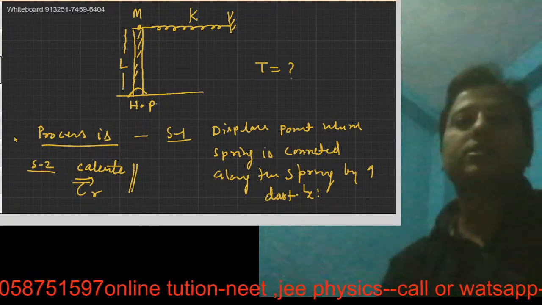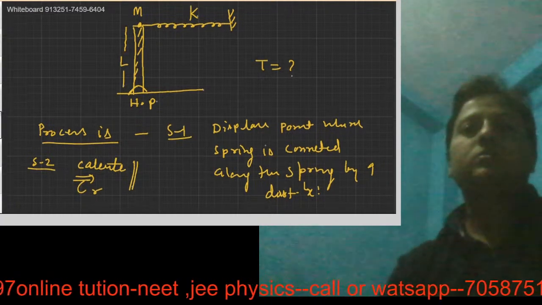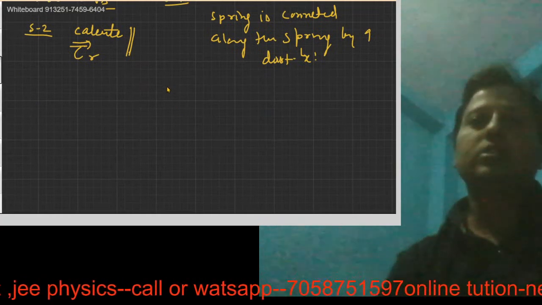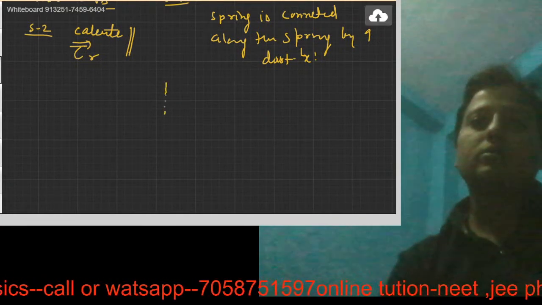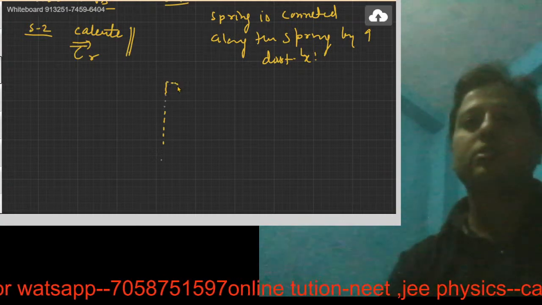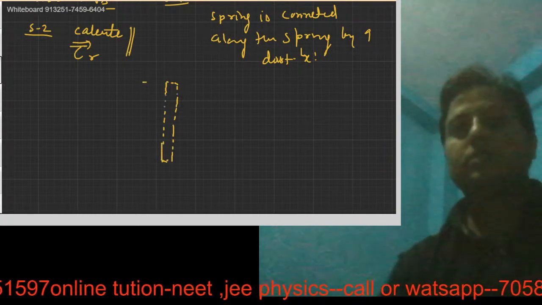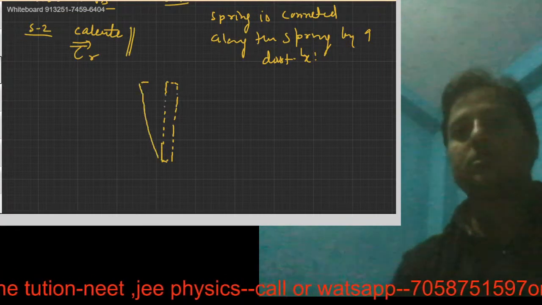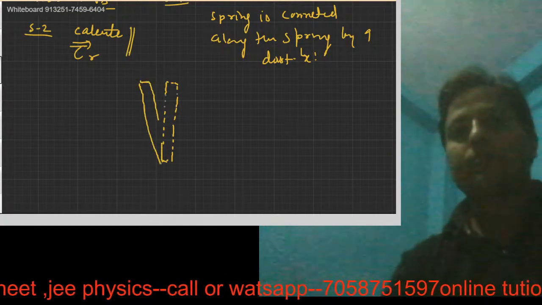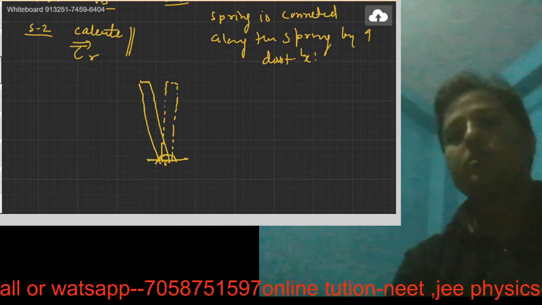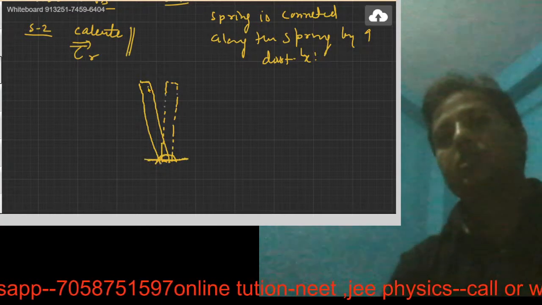So in this case, if it is the initial position of the rod and it is the final position of the rod, this point is fixed because the hinge is connected.